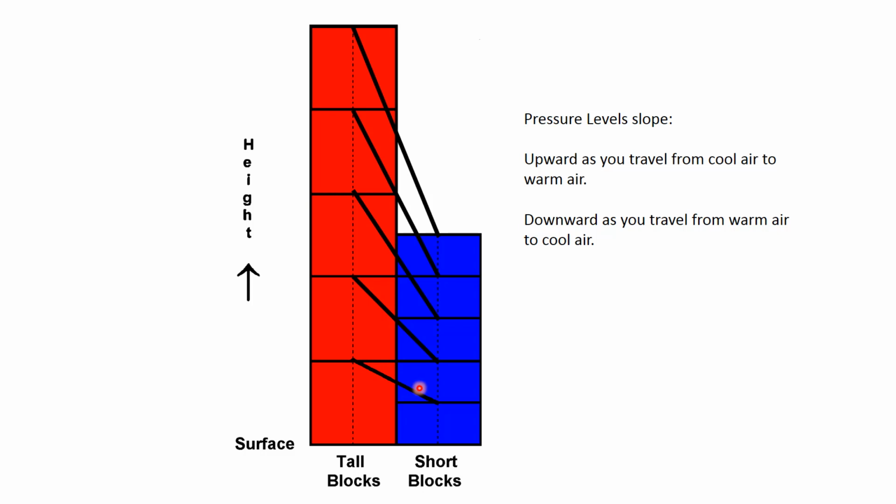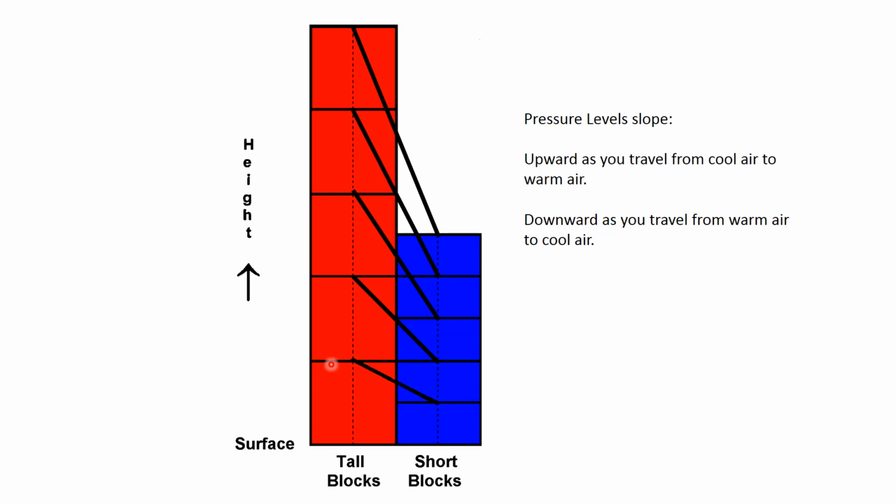Now, how does this actually apply to the atmosphere? Well, in the atmosphere, when you have warmer air, pressure levels are typically higher. And then as you travel, let's say you're on a flight, and let's say you start here, maybe this is, I'll use my hometown, Long Beach, California, and let's say this is Anchorage, Alaska. If you're traveling along the same pressure level, what actually is happening is you're decreasing in elevation.